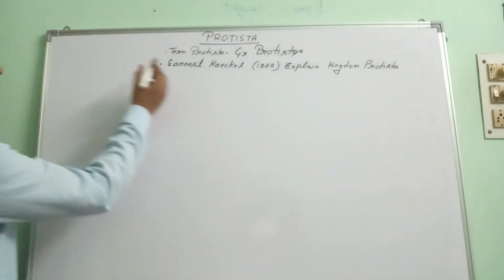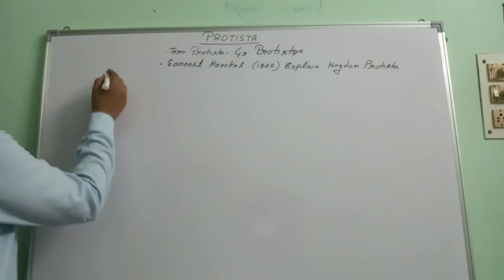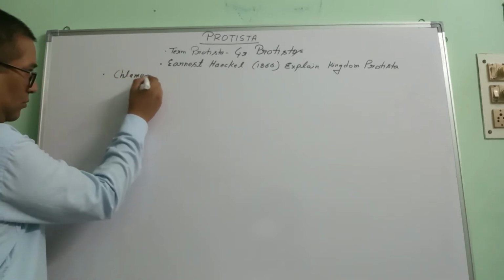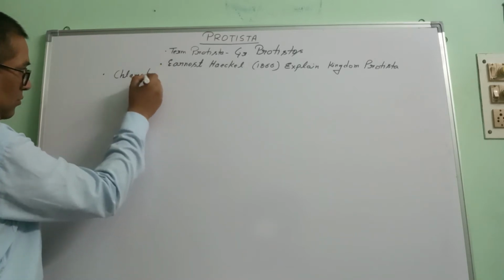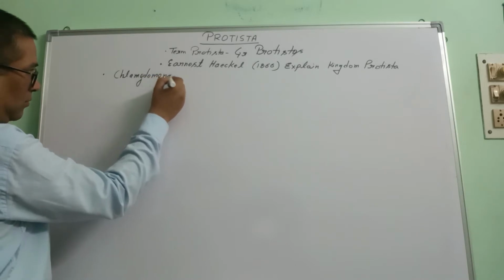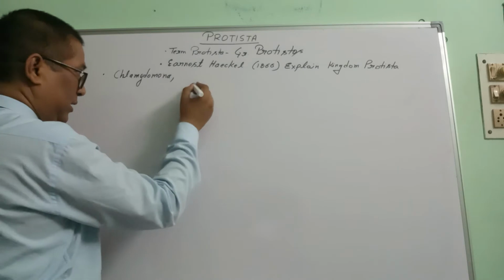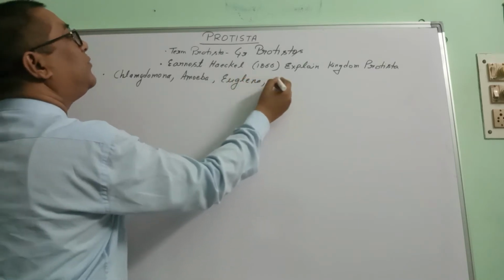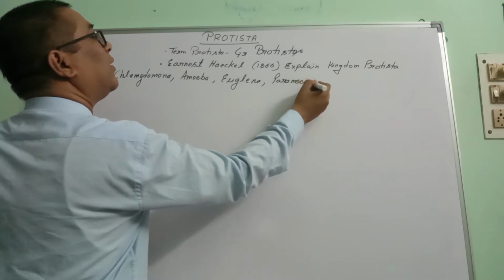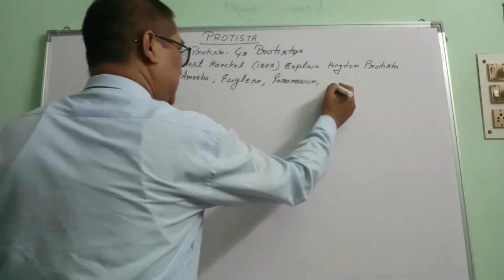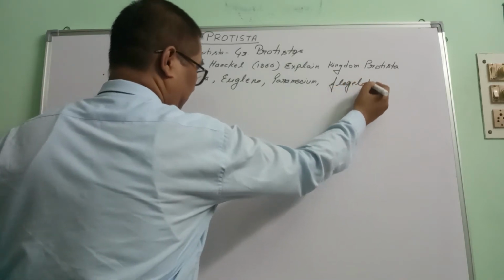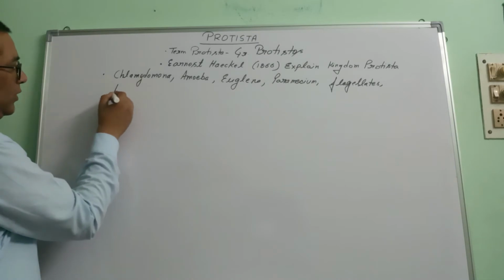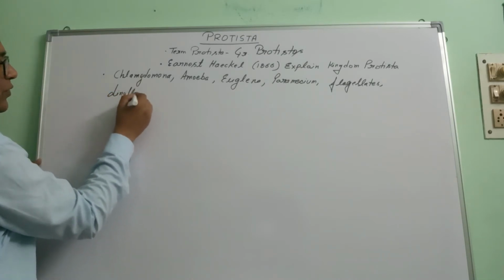The most common examples of protistans are Chlamydomonas, amoeba, Euglena, paramecium, flagellates, and dinoflagellates.